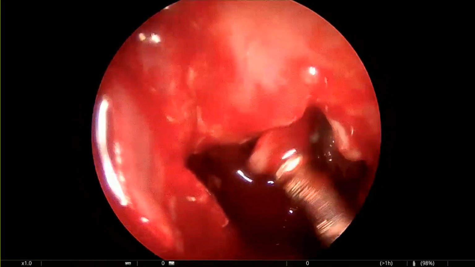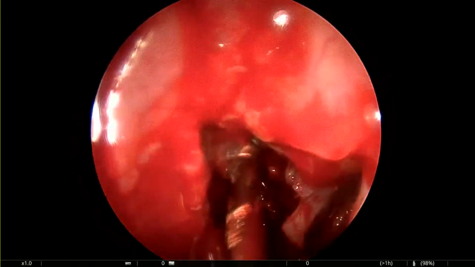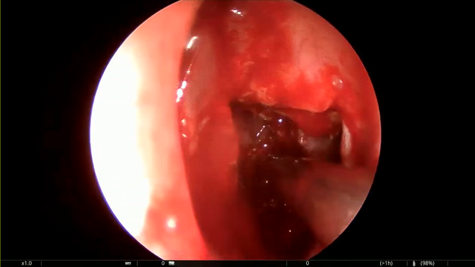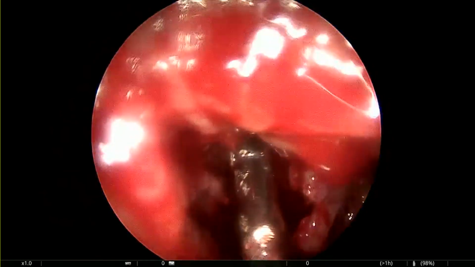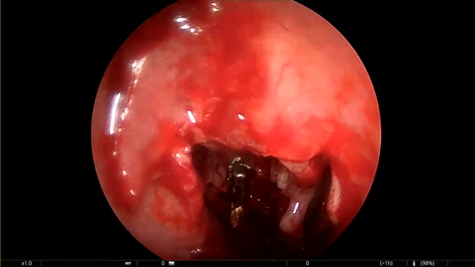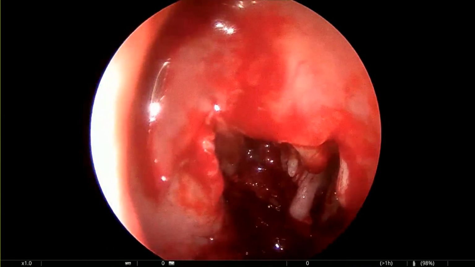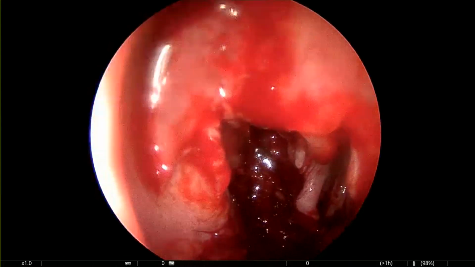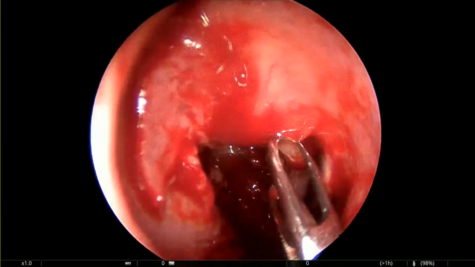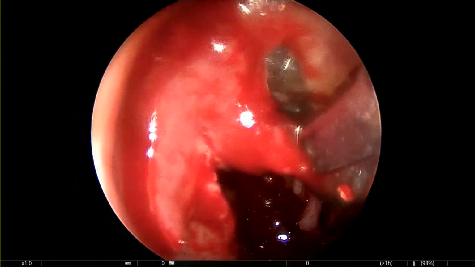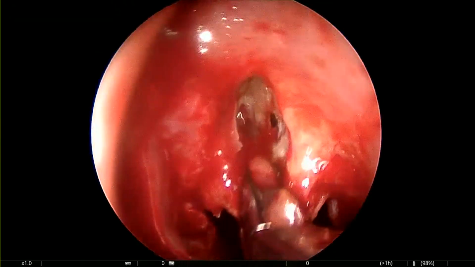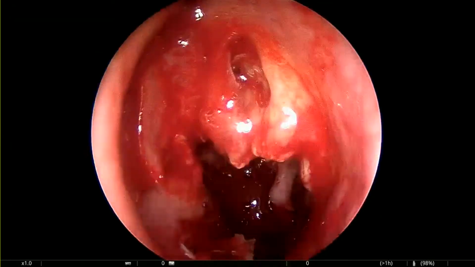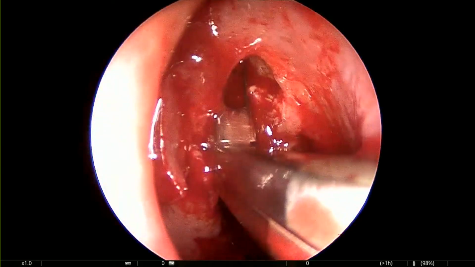Maxillary sinus is normal. Okay. And I want to control the anterior ethmoid. 45. Okay. So I complete. Oh, it's not normal.